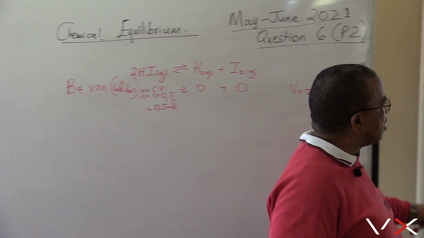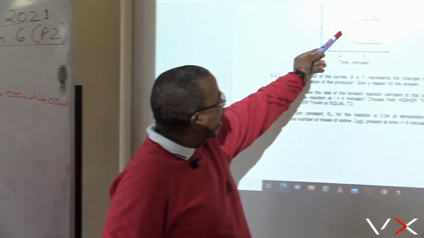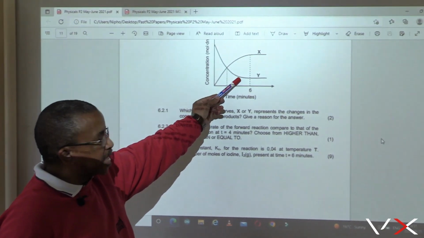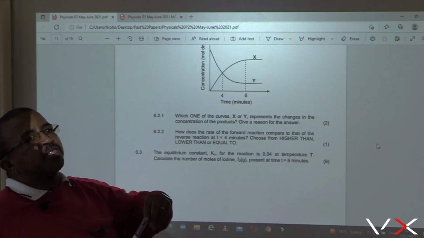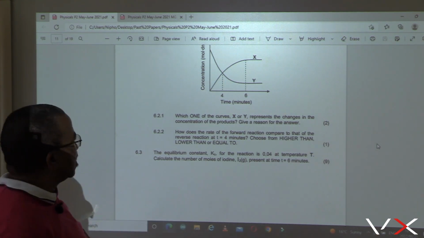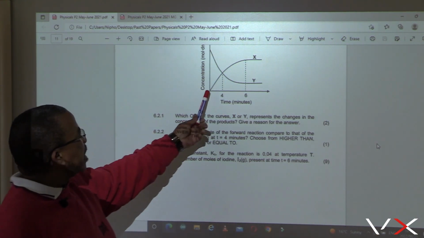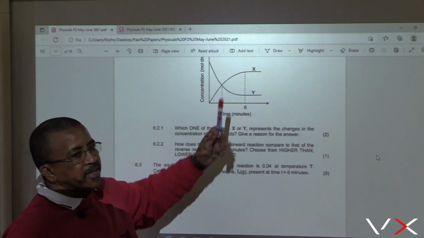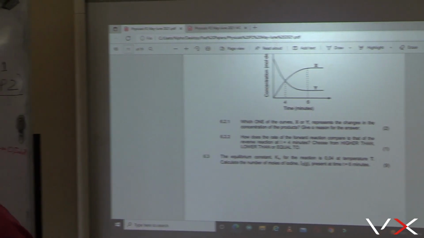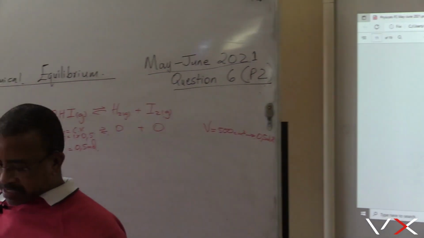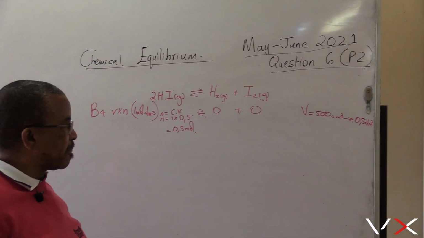Because at the time of 4, the reactants are still decreasing, and the products increase, which means the rate of forward is still higher than the rate of the reverse.